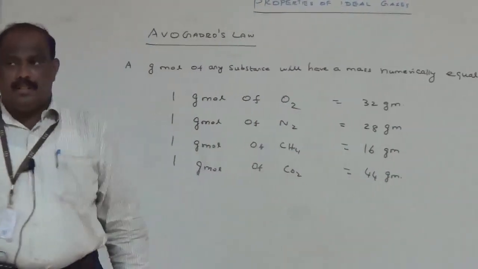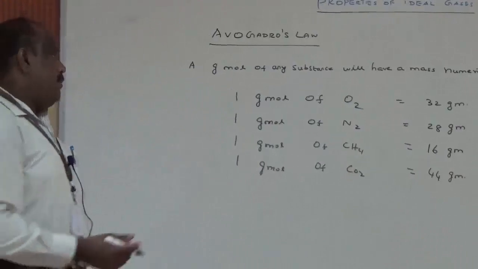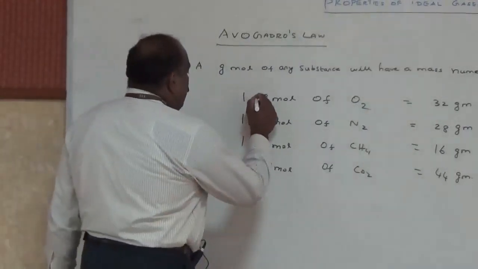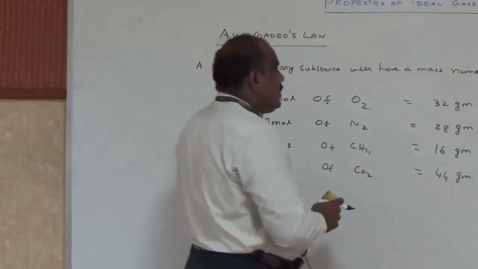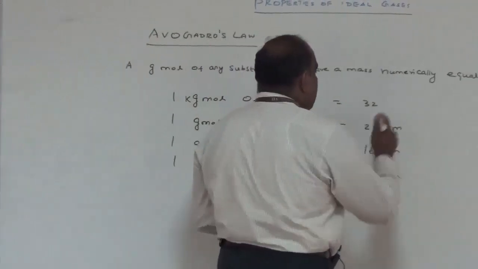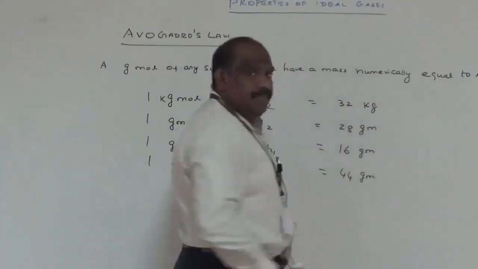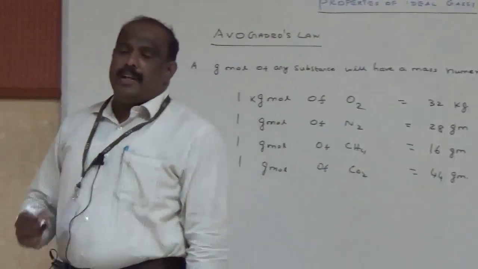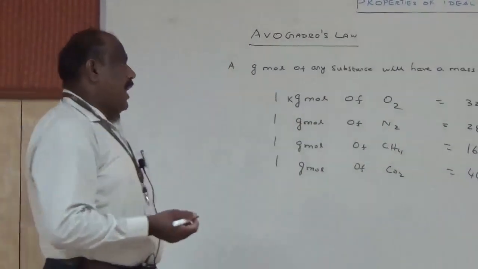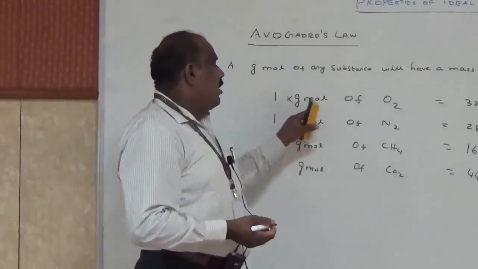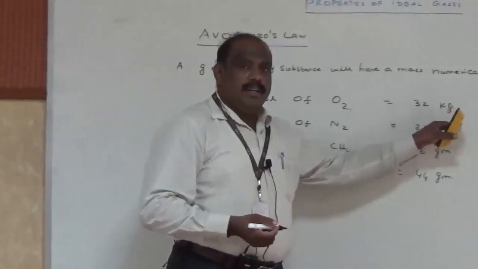Instead of taking 1 gram mole, if I want to take 1 kilogram mole, then instead of 32 gram, I will end up with 32 kilogram. That's it. So, if I take 1 gram mole, the mass will be 32 grams. Instead, if I take 1 kilogram mole of oxygen, the mass will also be in kilogram.